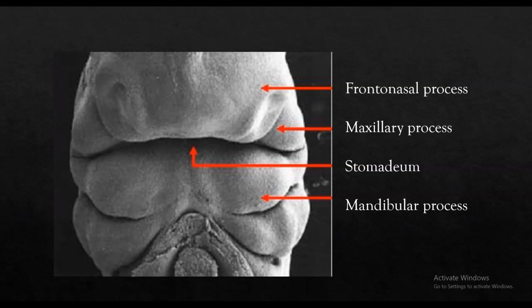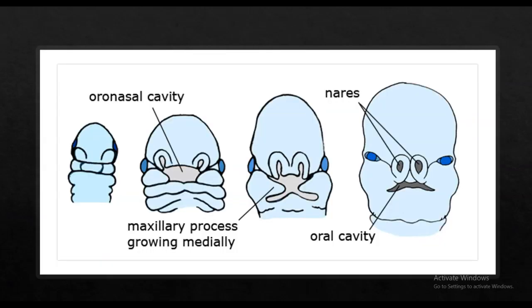The lower part of the mandibular arch grows ventromedially, and that part of the arch is now called the mandibular process. From the frontonasal process, bilateral localized thickenings appear, called nasal placodes. The nasal placodes will soon form the nasal pits.